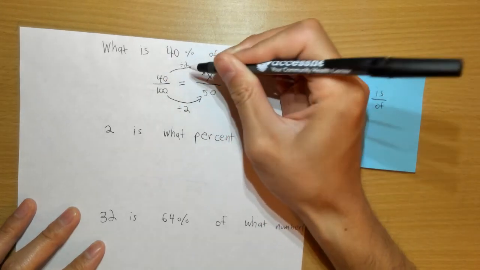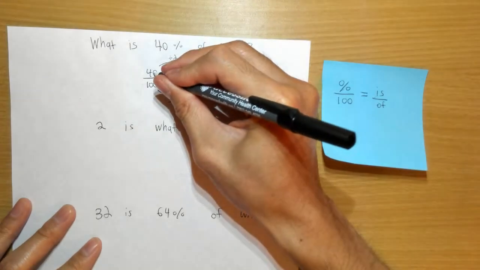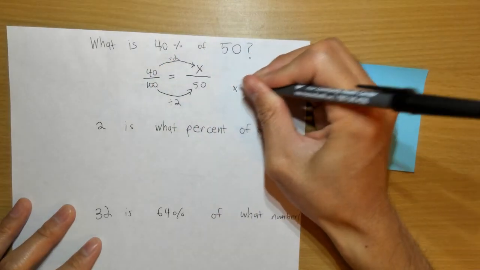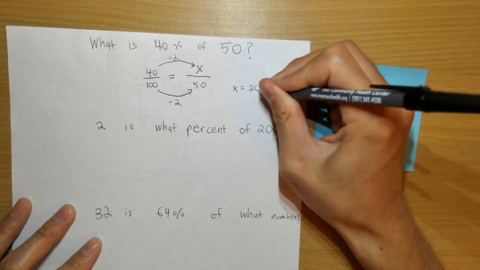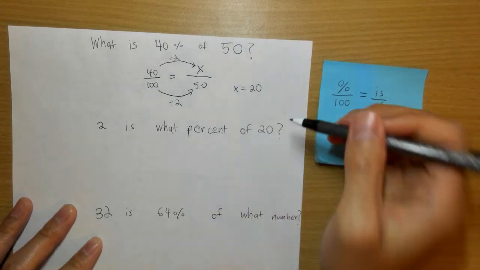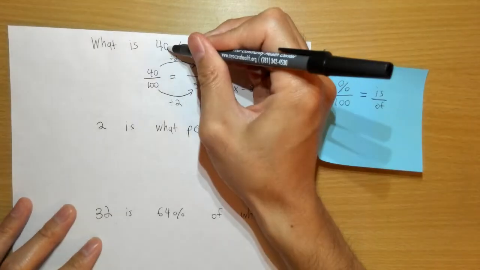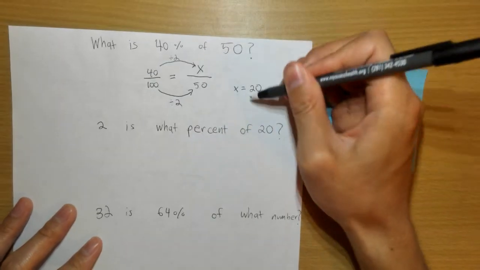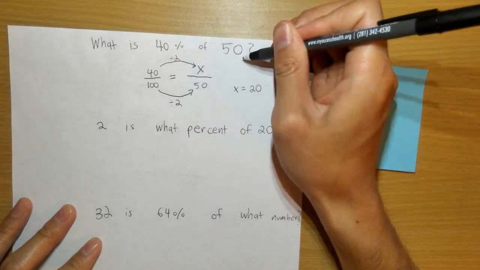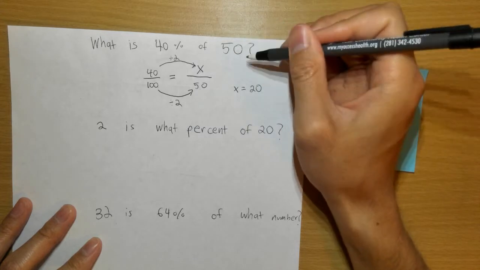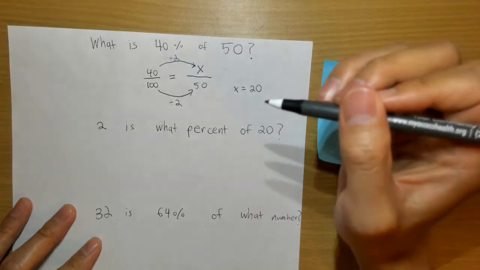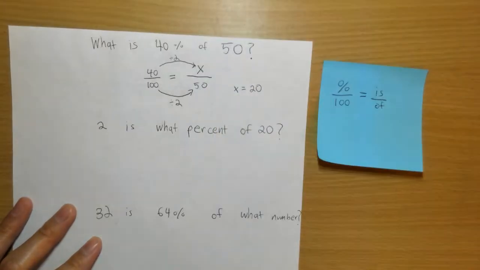Divide by 2. So in doing that, 40 divided by 2, my x is going to equal 20. In other words, 20 is 40% of 50. 20 is my part, 50 is my whole.